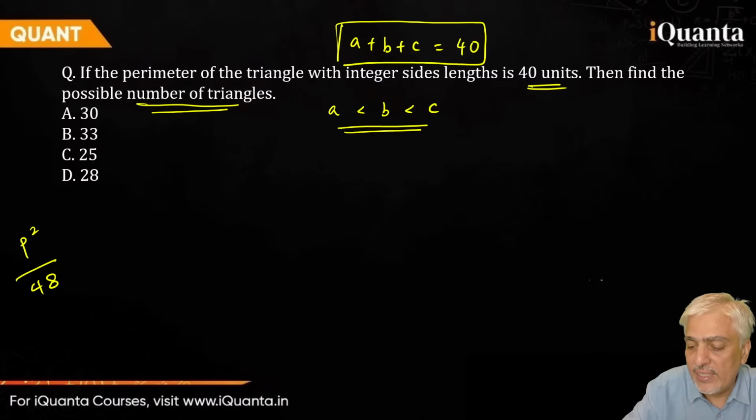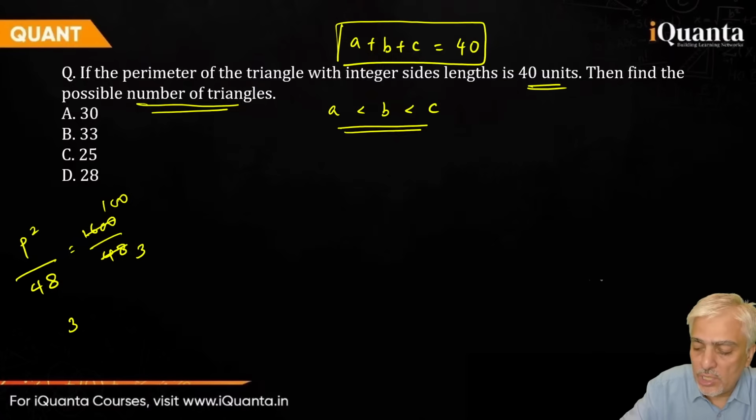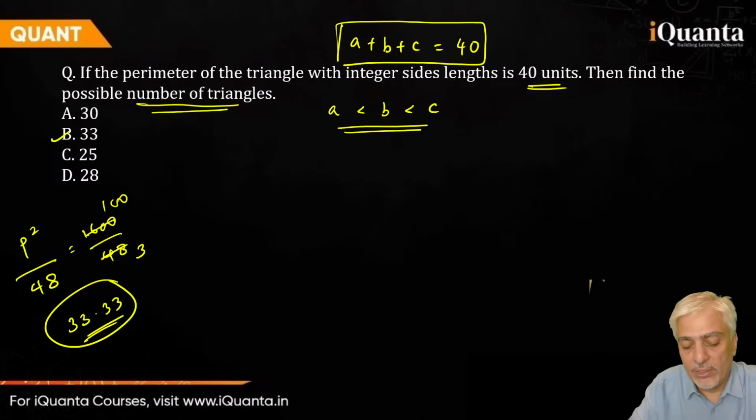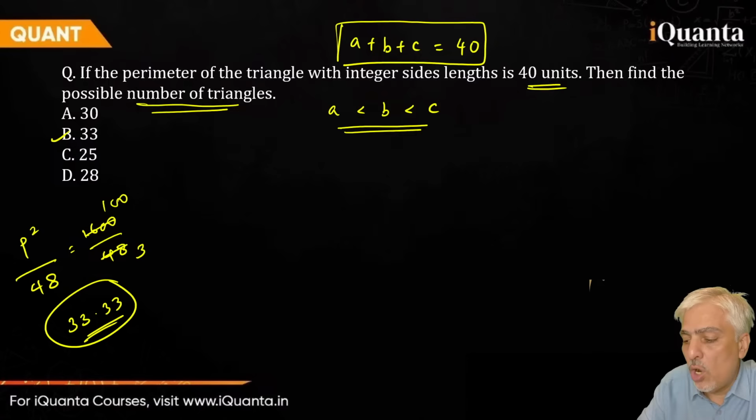Approximately comes out to be 33. That is 1600 divided by 48. 16 hundreds are 16. Threes are, so comes approximately 33.33. And therefore, you work on 33. That's the direct method. Obviously, without that, it becomes very long.